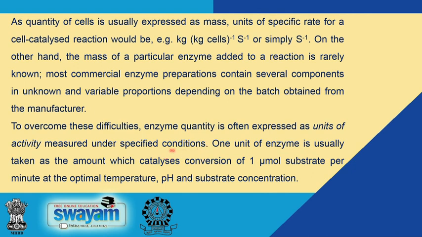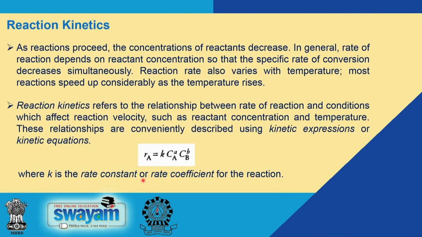One unit of enzyme is usually taken as the amount which catalyzes conversion of 1 micromole of substrate per minute at the optimal temperature, pH and substrate concentration. That means, from the process control and process parameters point of view, the most suitable conditions are used for calculating the enzyme activity.